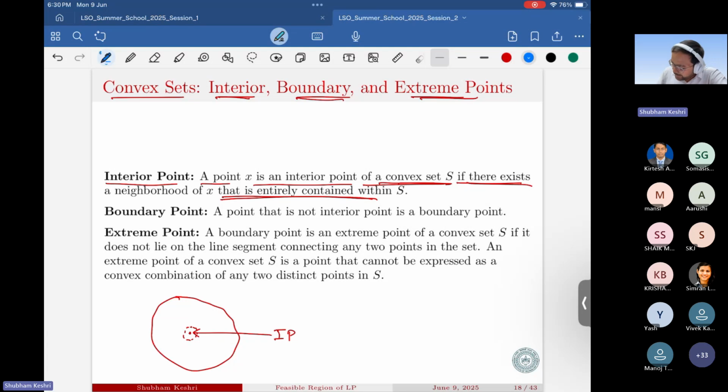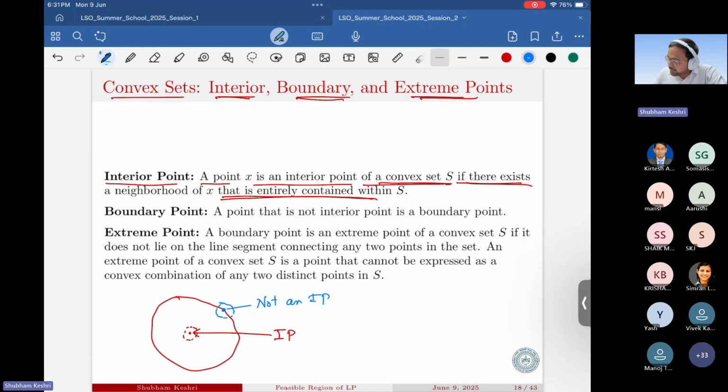You take a point over here and create a neighborhood. You see all the points in this neighborhood are not contained within the set S. Therefore, this is not an interior point. So an interior point just means that if that point belongs to the set, the neighborhood around that point will also belong to that set. Is it all right?